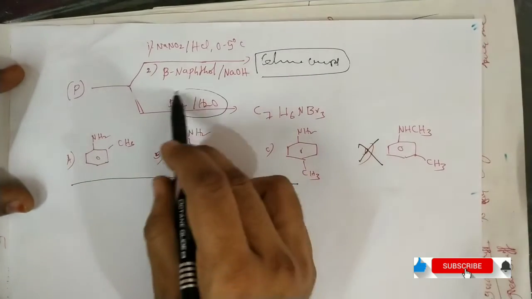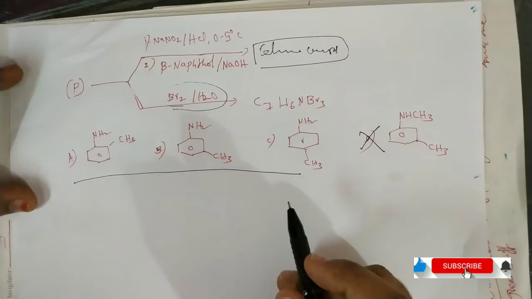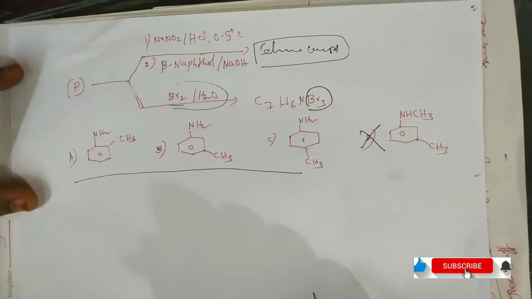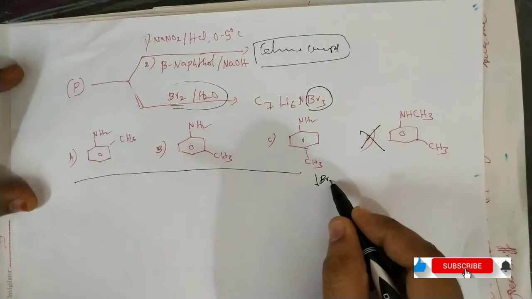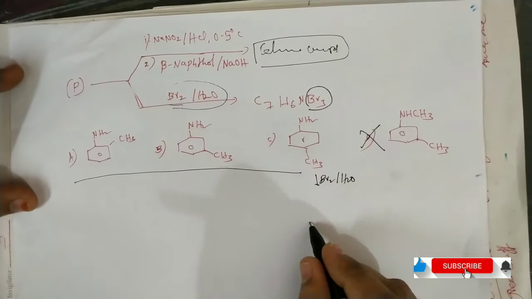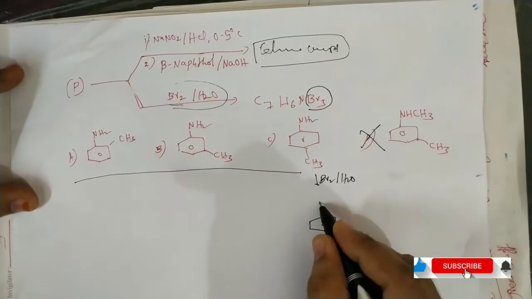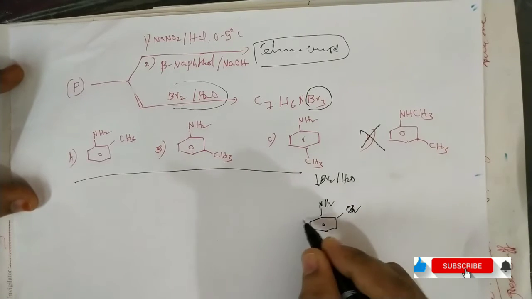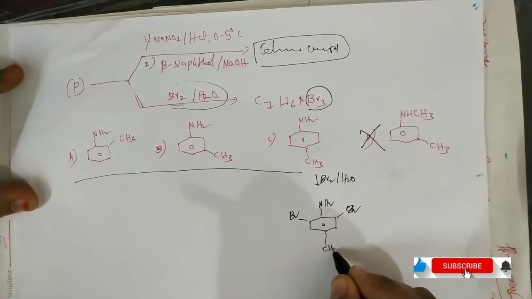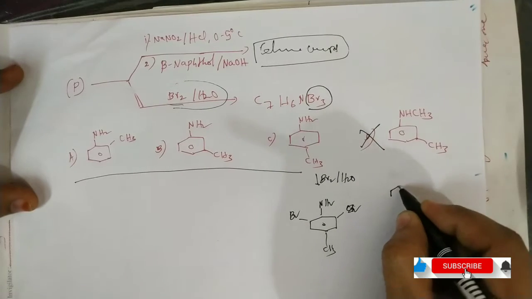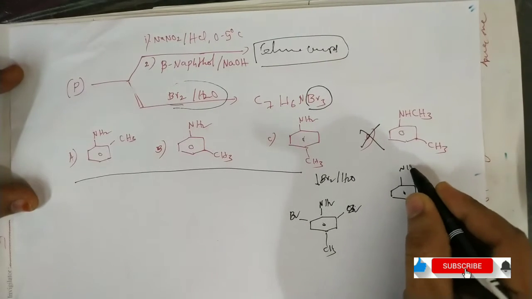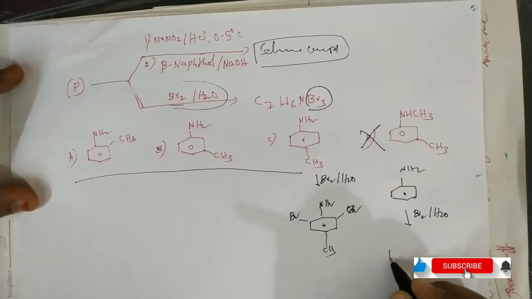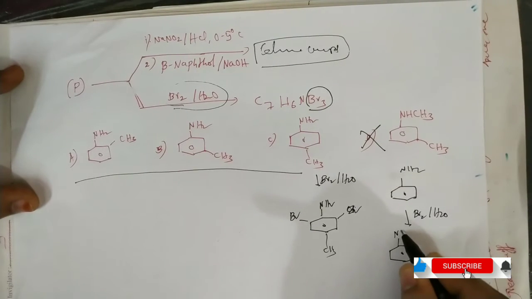And coming to the next reaction, on reaction with bromine water we will get the tribromo product. For example, here this compound on bromination gives only a dibromo compound, because the simple aniline on reaction with bromine water will give the tribromo product.